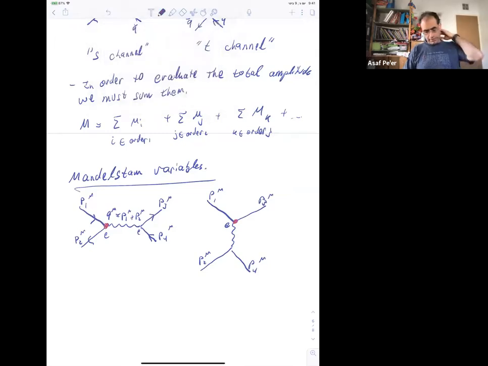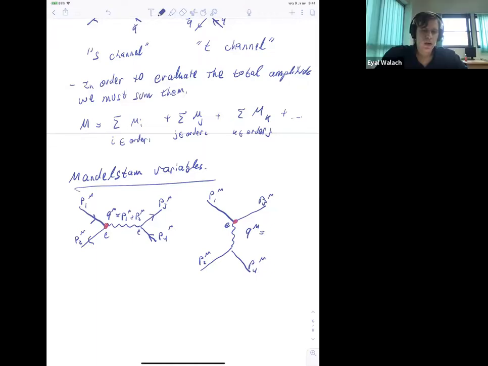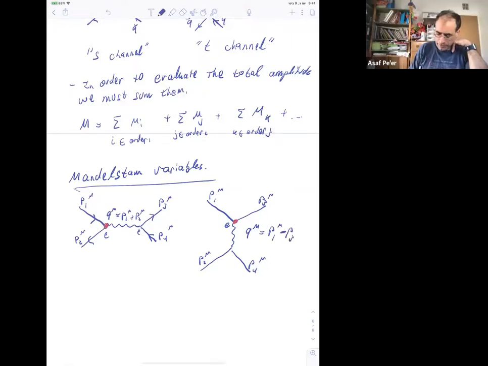So I call the four momenta of the internal particle Q mu. But now, what is Q mu? If I look at conservation of momenta at the vertex, it is P1 mu minus P3 mu, because I have conservation at each vertex.